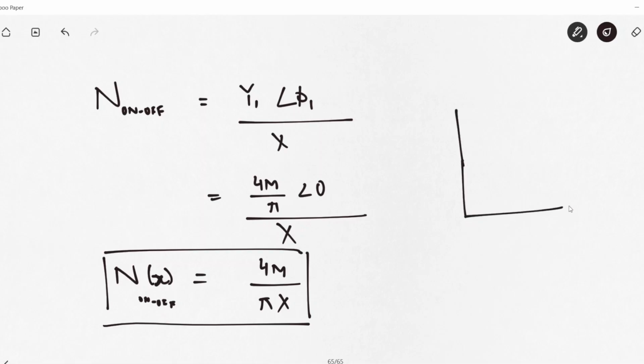So if we plot a graph between n of x and m divided by capital X, we'll get a straight line.